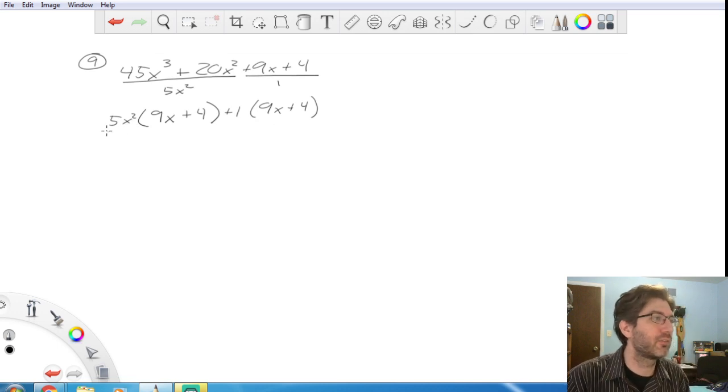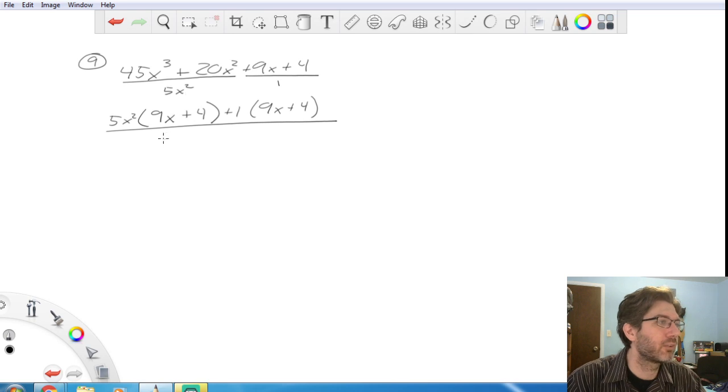Then I'm going to factor this, and when I factor this I can factor out the 9x plus 4. I put the 1 there because it's really easy to lose it later, just so you know. So I'm going to get 9x plus 4 over here, and then what's left is this 5x squared, and it's actually getting that plus 1. So don't lose that plus 1.